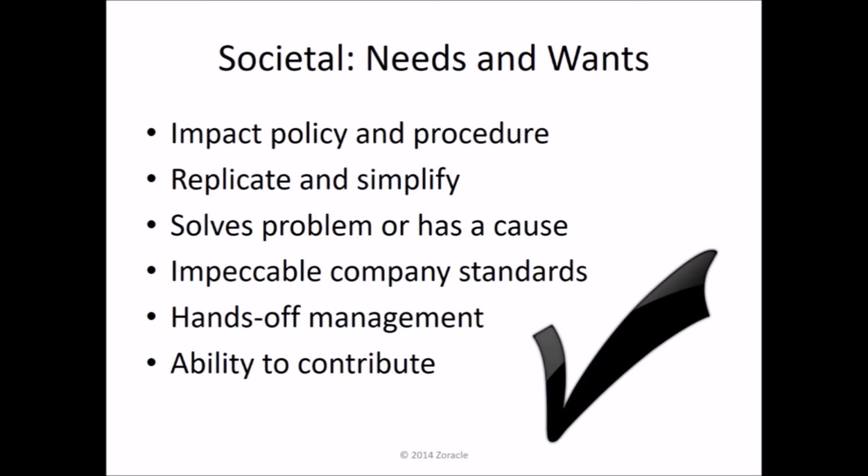The achiever, however, is helping impact policies and procedures that make things more effective, more efficient, and ultimately more profitable. The societal, on the other hand, is impacting policy and procedure that will simplify things, bring it down to the common denominator, and have things be fair and just across the board.